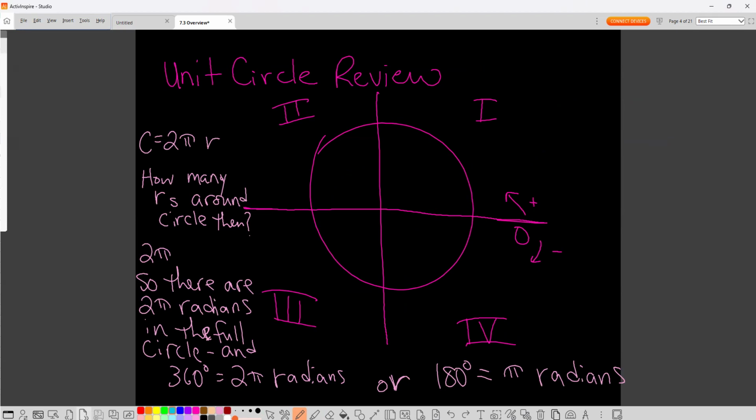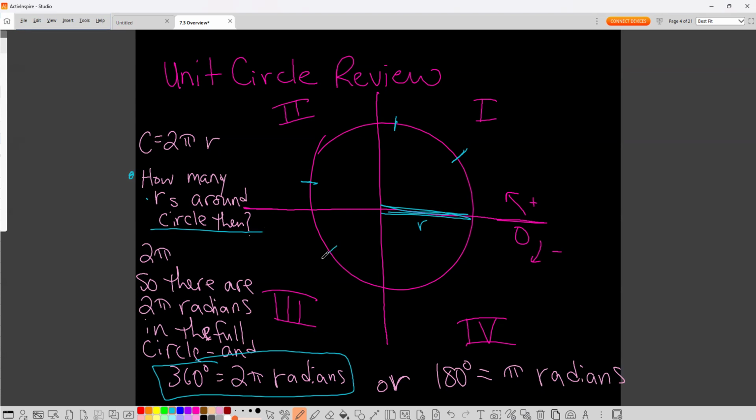Here's what I was talking about if we're using a unit circle. Again, this is your radius, or 1 unit. And if you pick that 1 unit and went around there, you're again going to get 360, because how many r's are there around the circle?